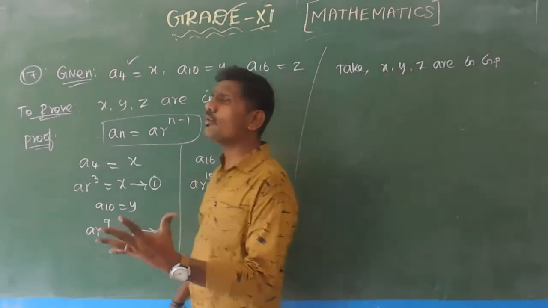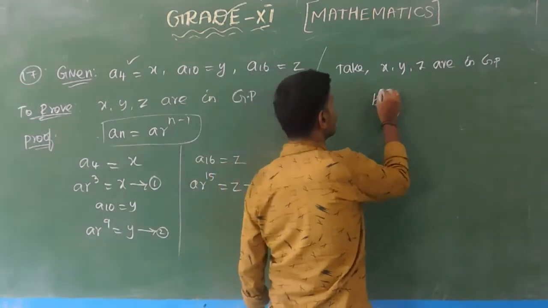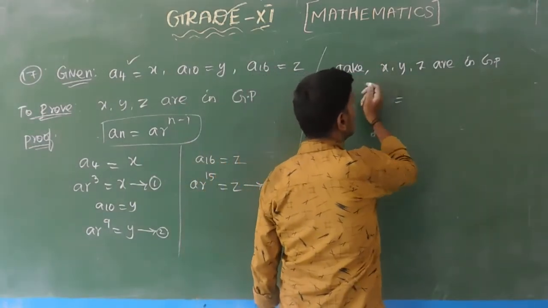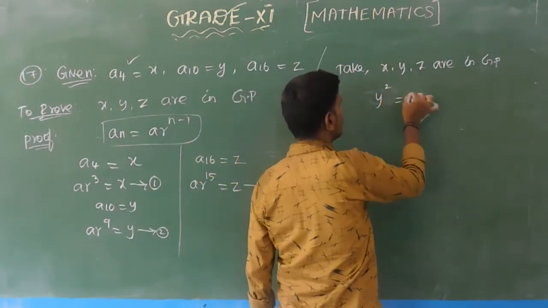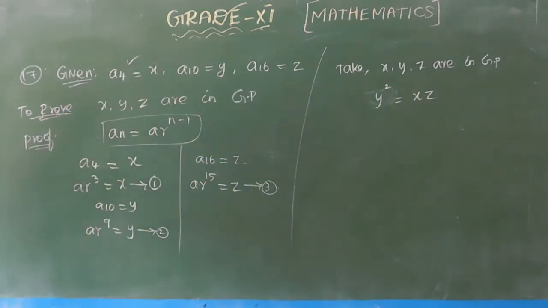What is the concept of GP? b square equal to ac. For that, here y square is equal to x z. Why? Because x, y, z are in GP.